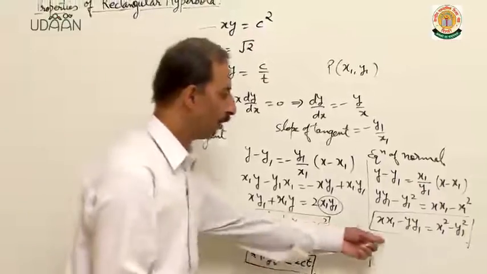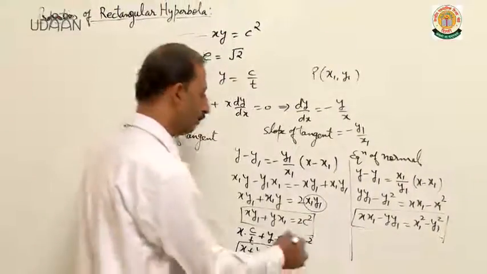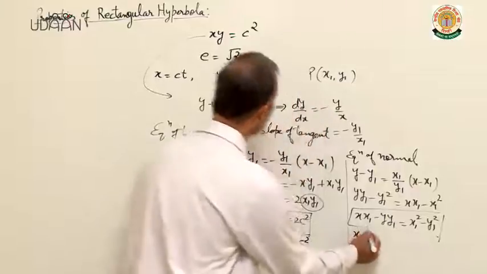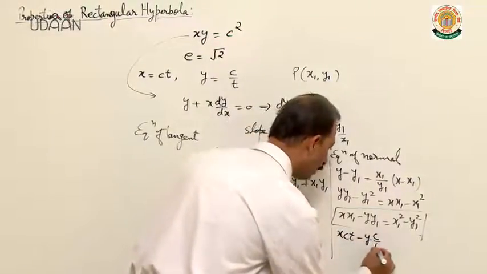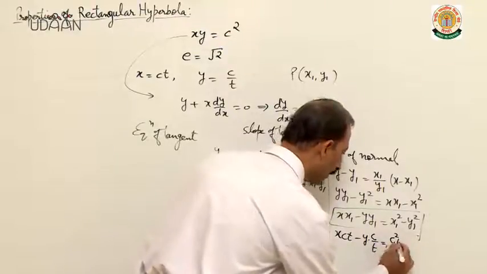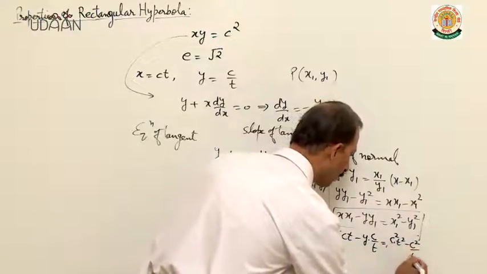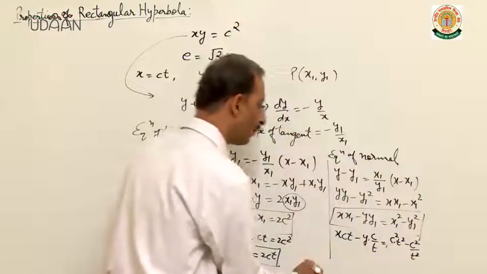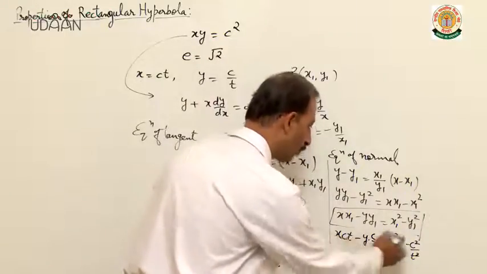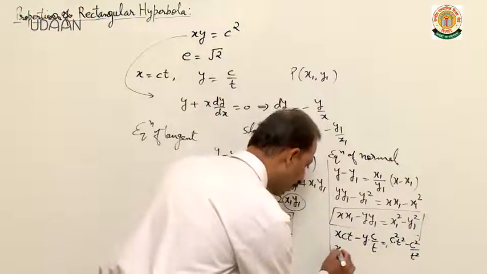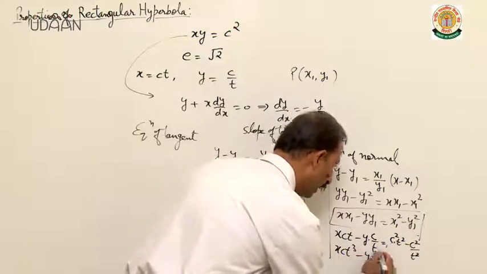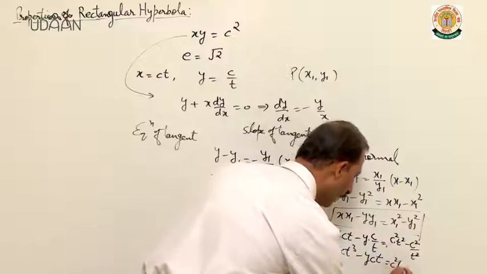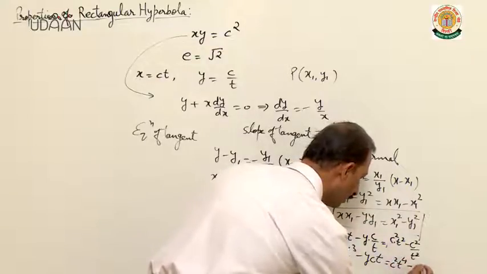Now equation of normal in parametric form, put x1 is equal to ct and y1 is equal to c upon t, x1 square minus y1 square is equal to c square t square minus c square upon t square. Simplify further this, so multiply the whole equation by t square. So x c t cube minus y c t is equal to c square t to the power 4 minus c square.